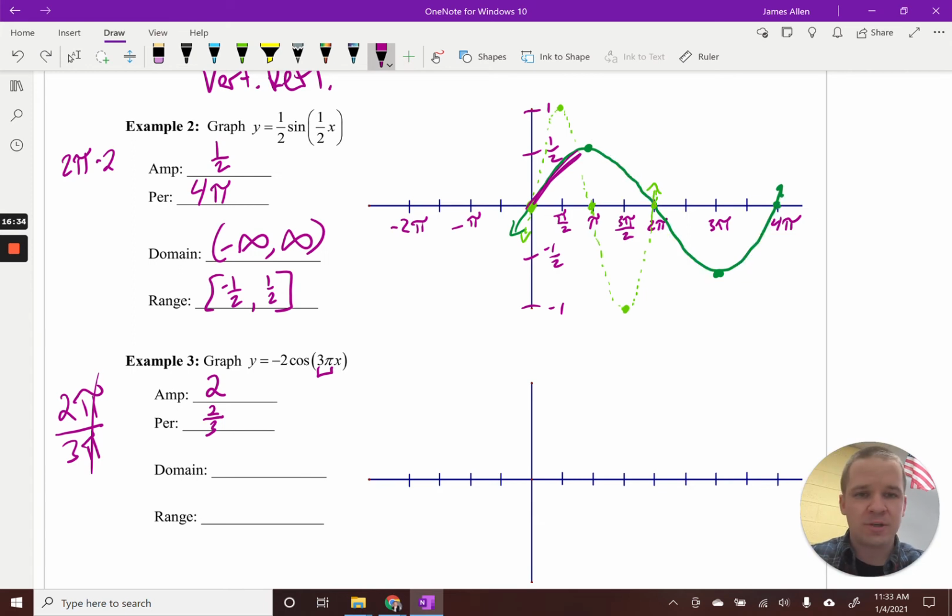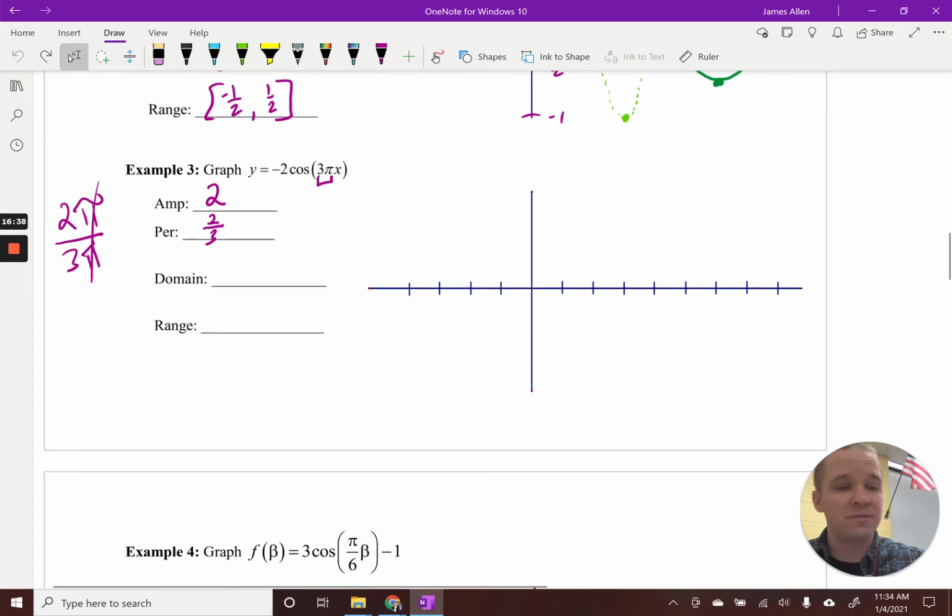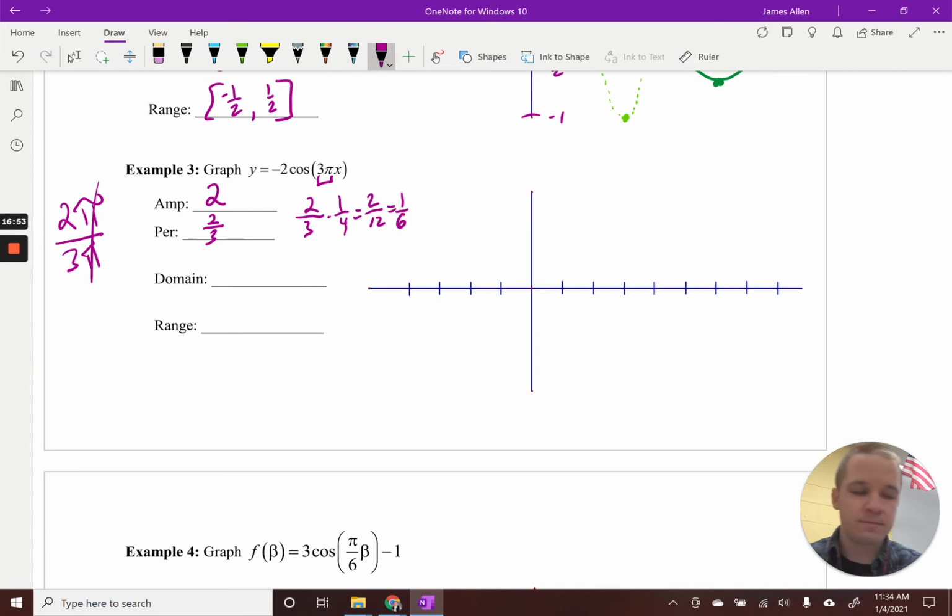We got 4 sections. So how about I divide my period, which is 2/3, by 4. Dividing by 4 is the same as multiplying by 1/4. So I get 2/12, or 1/6. Okay? So that's what I'm going to use for my tick marks.